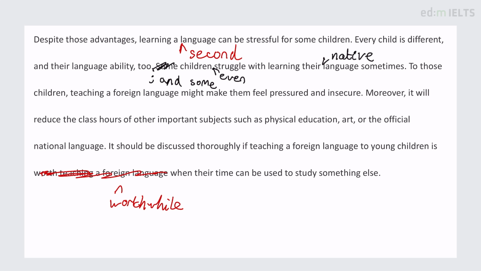To study something else is a bit vague, isn't it? Be a bit more specific. Let's say so many other subjects, potentially. Everyone's time is limited.